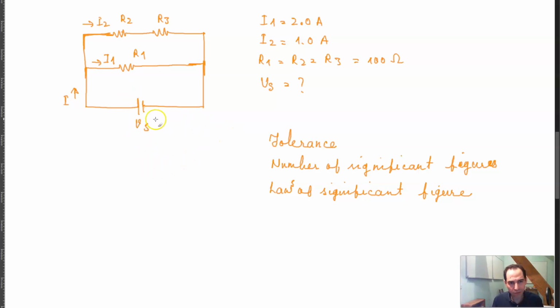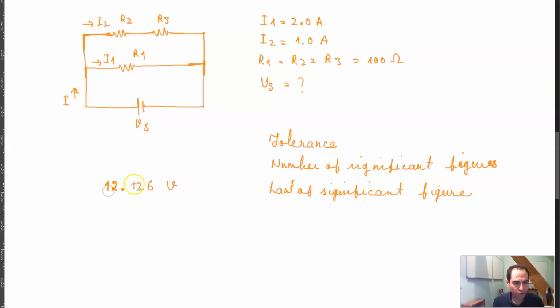Now, suppose that you make some measurement of a voltage, and your multimeter tells you that this voltage is 12.126 volts.